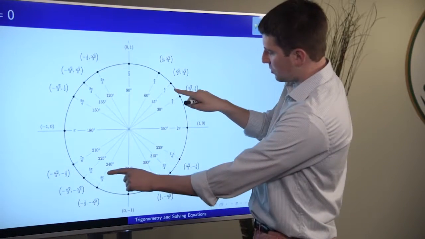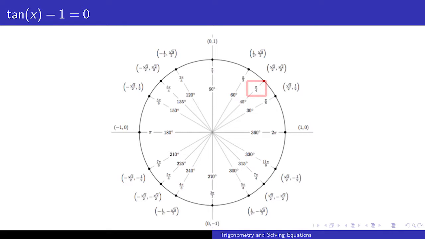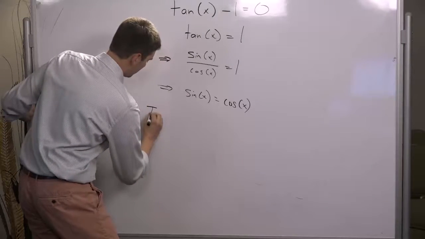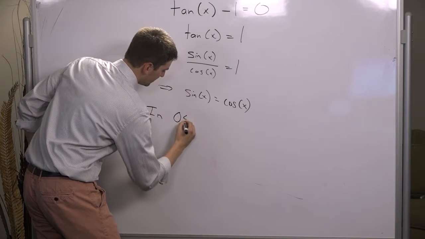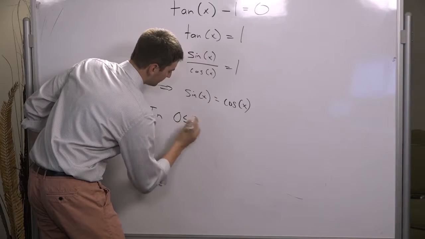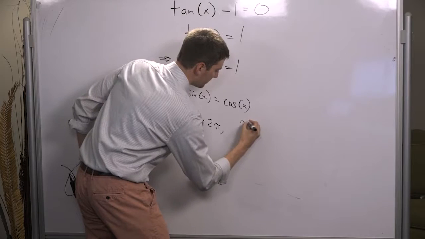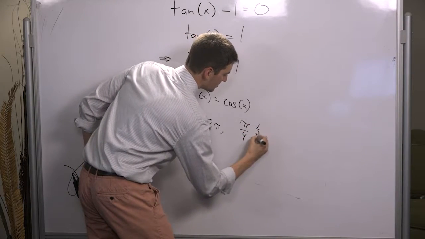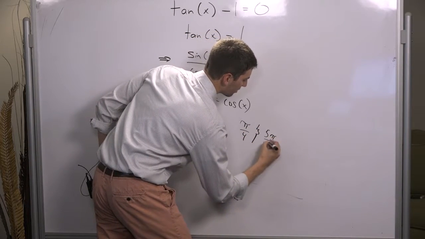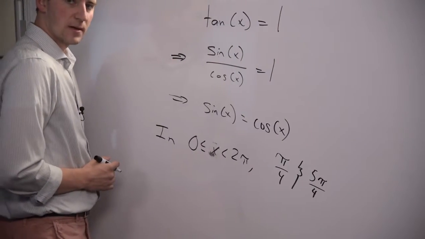Great. So let's just write them down. They were pi over 4 and 5 pi over 4. So now in 0 to 2 pi, pi over 4 and 5 pi over 4 are the solutions.